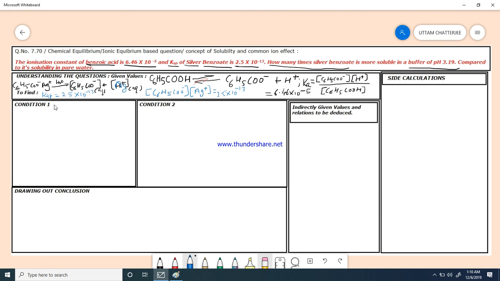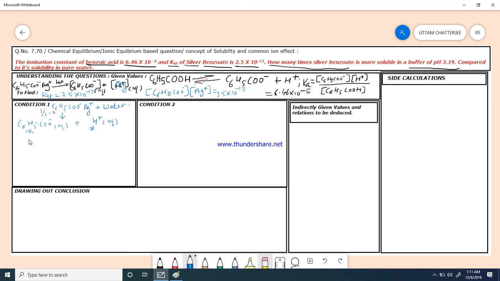So when C6H5COO minus Ag plus is dissolved in water, then it breaks into C6H5COO minus aqueous plus Ag plus aqueous. When no water was added, its concentration was 1 part, and when water was added, from the 1 part, X part came out, so it formed X part and X part.